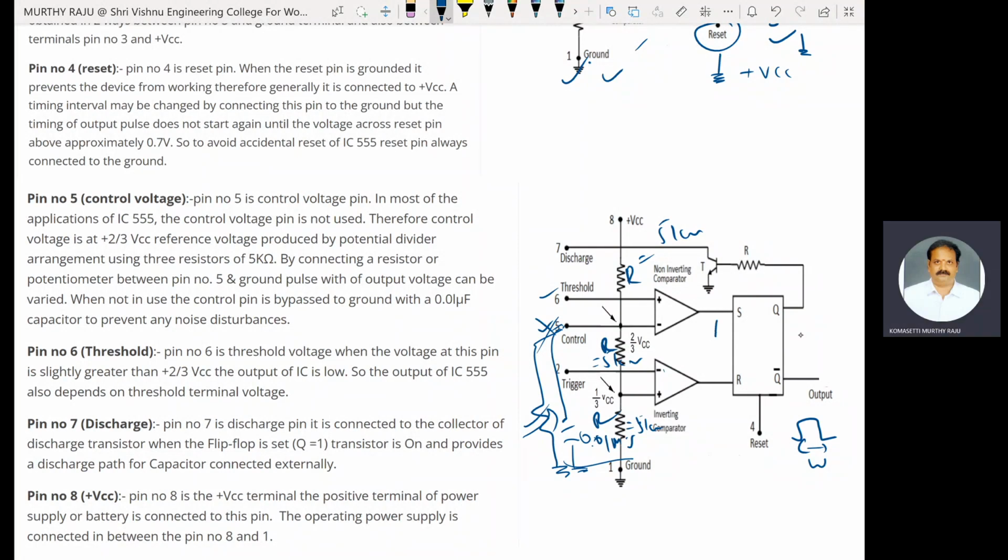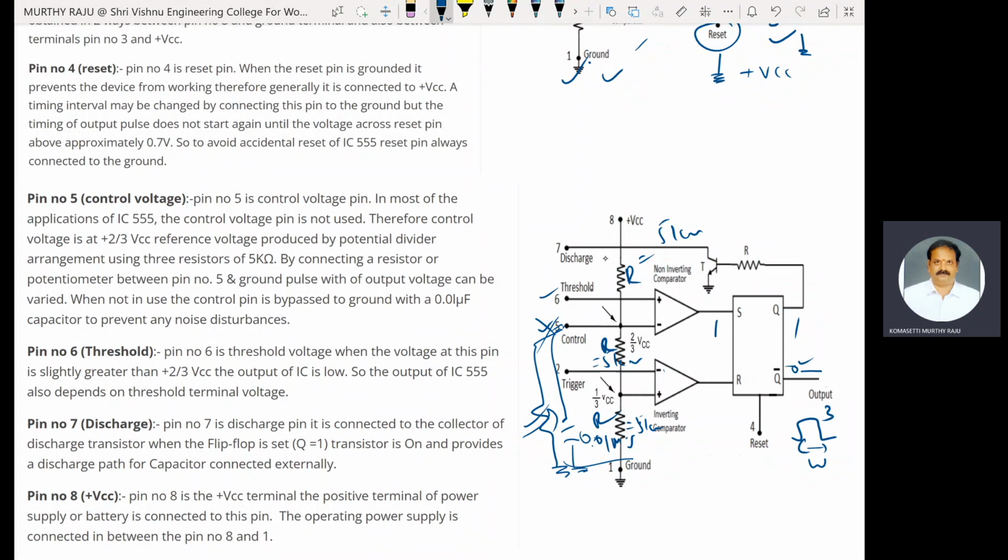That means S = 0, R = 1, Q = 1, and obviously the invert of Q, Q dash, is 0. Therefore the output of the IC, appearing at the 3rd pin, is low. So the output of the IC 555 also depends on the threshold terminal voltage.